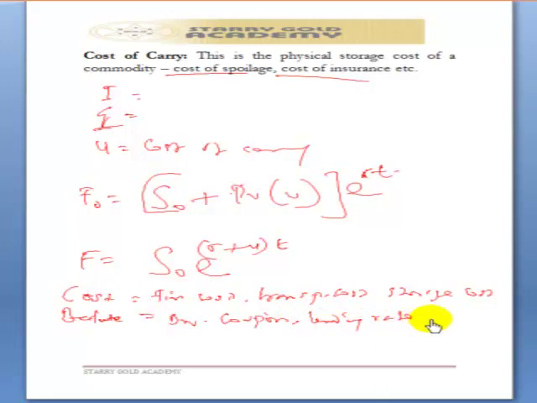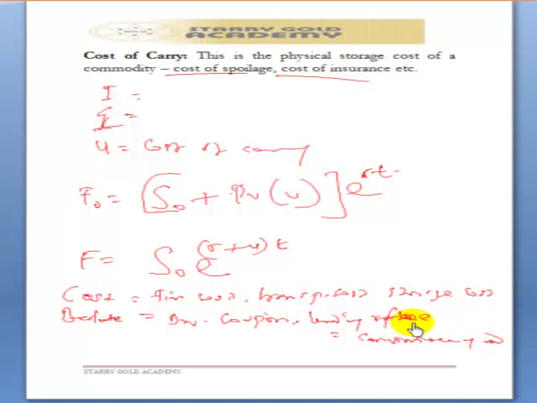The lending fee is for somebody that has possession of the asset. He can lend it and make money from it before he eventually returns it to the portion of the loan. So that is why it is called the convenience yield. So lending fee is also known as the convenience yield.